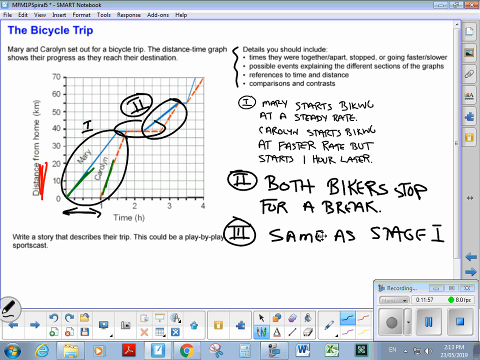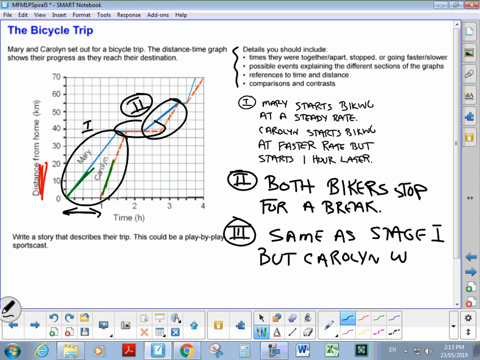Mary starts at a steady rate, Carolyn starts biking faster, but Carolyn waits. How much longer was that? I have to erase this just to take a peek. The distance here is 2 jumps, and there's 4 jumps, so they've broken for 15 minutes. Carolyn waits 30 minutes after Mary.